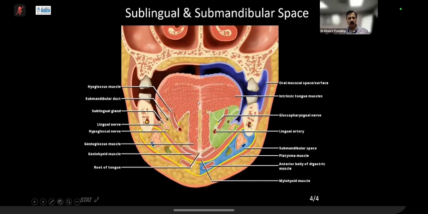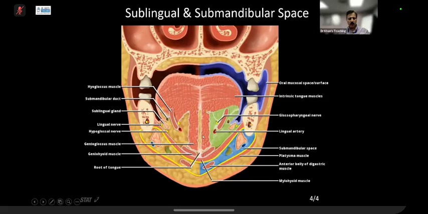And then there are the extrinsic muscles. The concept of extrinsic muscles is that these are muscles of the tongue, which of course constitute the tongue, but they are attached somewhere else. Intrinsic muscles are not attached anywhere else.